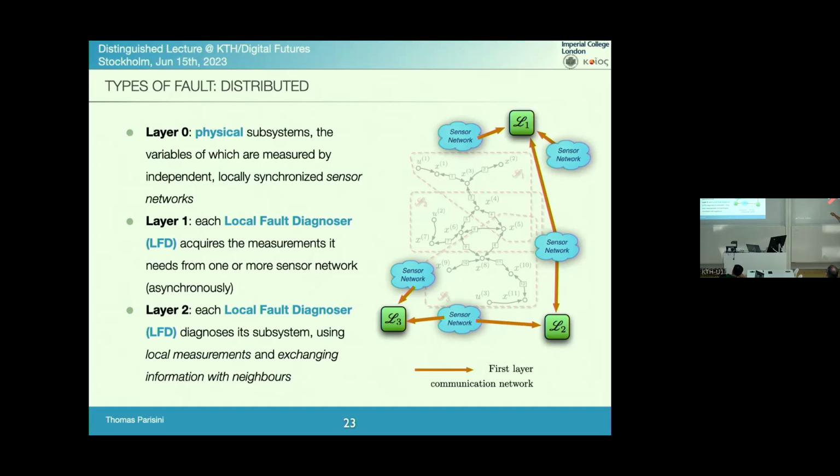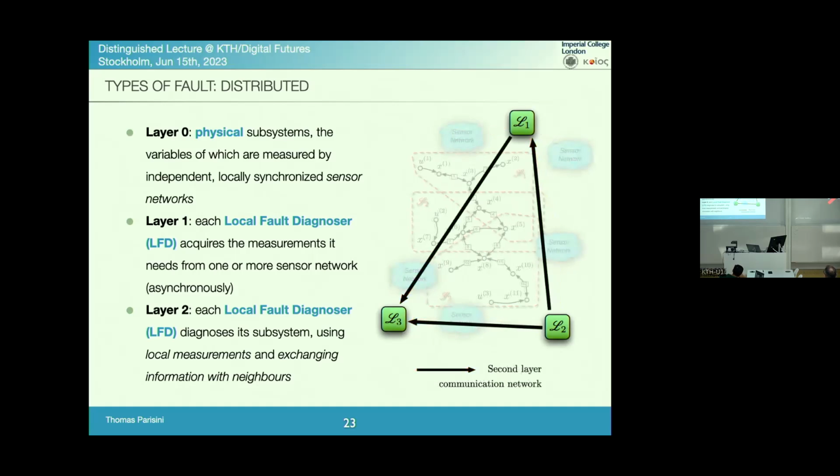And that means that these units are getting this information in an asynchronous way, okay? And the only way they can match everything together in order to take a global decision is that they have to communicate with each other. And that is the third layer in a way, where these units exchange information between each other, for example, to do the synchronization.